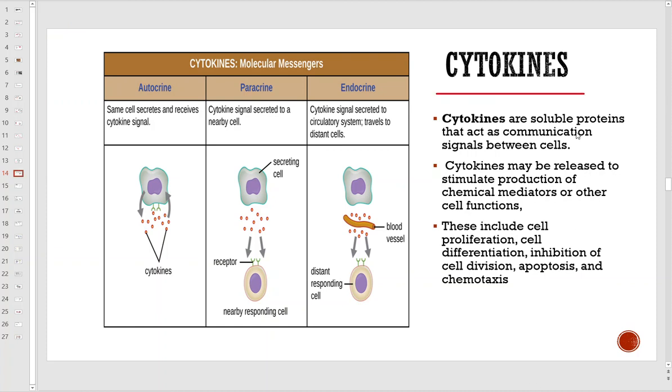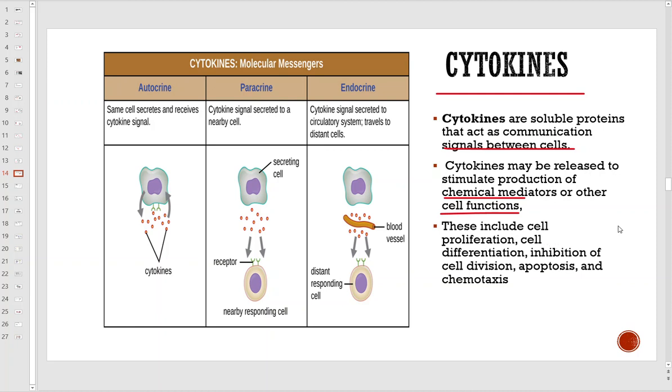Cytokines, proteins that we use for cells to communicate. These guys are released. They may cause other chemicals to be released or cause cells to do certain things.